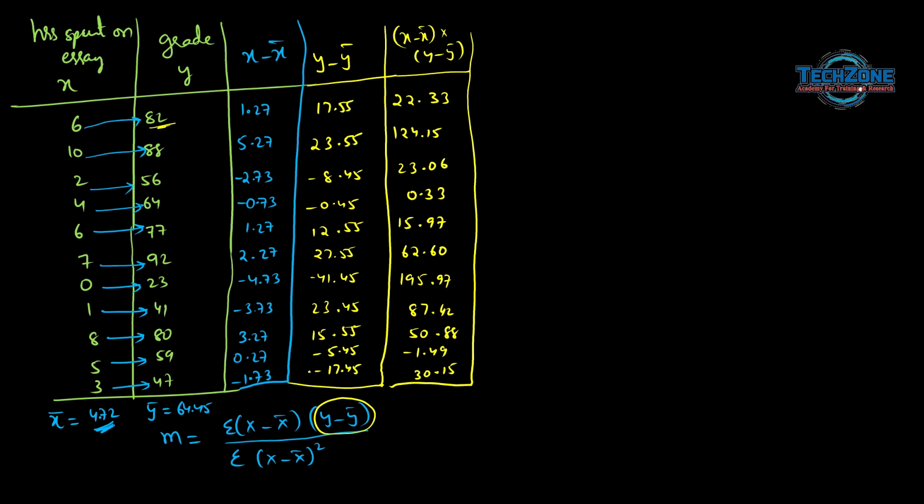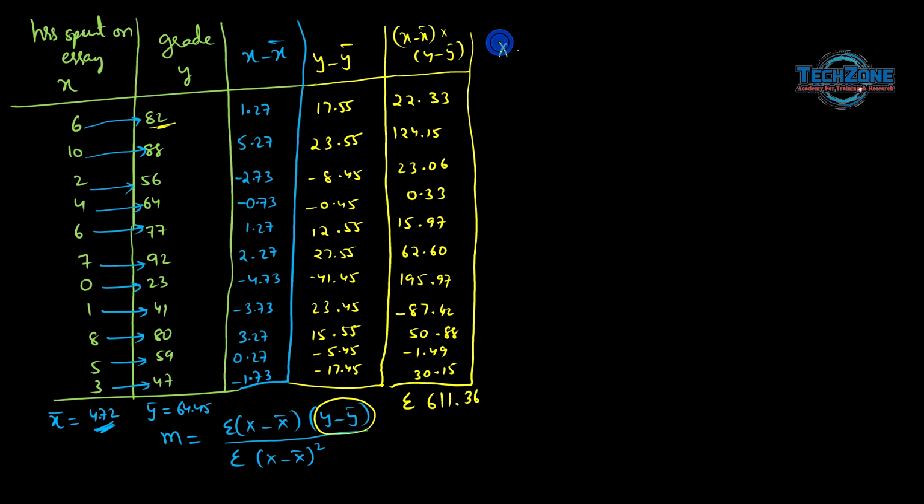These are the values. This fourth one should be minus, I think, so let me check. Plus here, minus here. Great. So sigma of all this is 611.36.